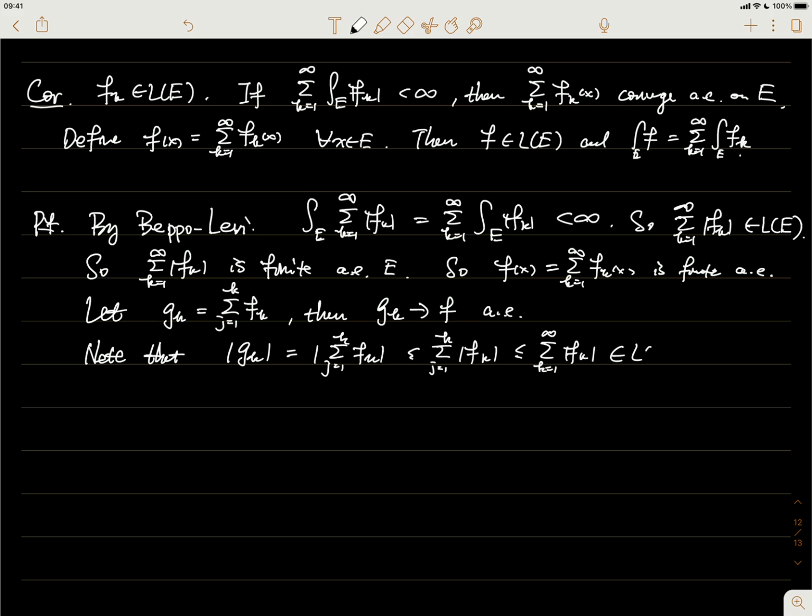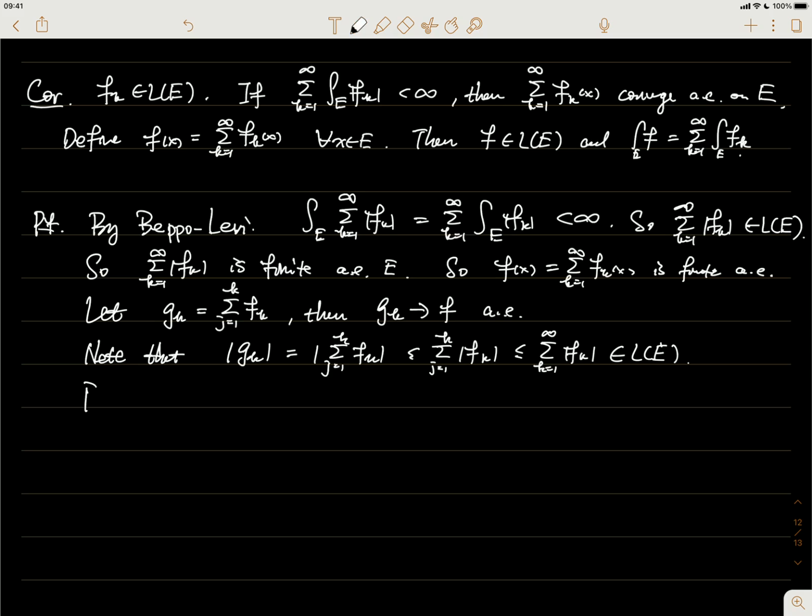But this one is integrable. So that means the sequence g_k is dominated by this integrable function. And this g_k goes to f almost everywhere. And by the dominated convergence theorem, we can show that the integral of g_k converges to the integral of f.